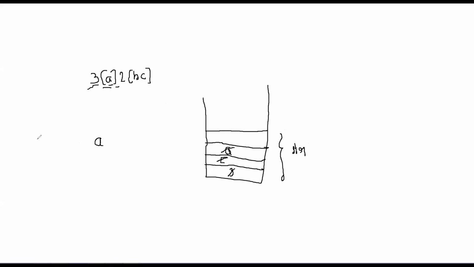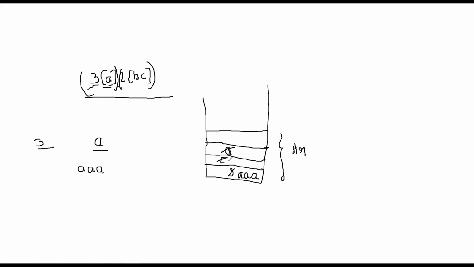So the integer will be 3 and the string is a. I'll simply multiply these, and the output will be triple A, and it will be stored back into the stack. So what I'm basically doing is evaluating individual parts of an output. You can divide this into 2 individual ones, and at the end you can simply add those things.